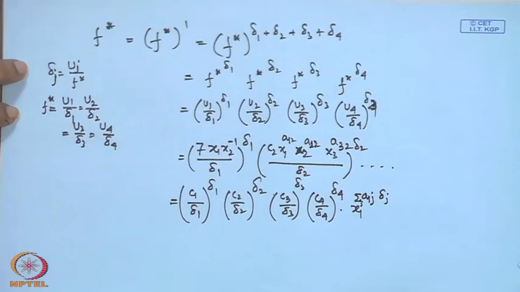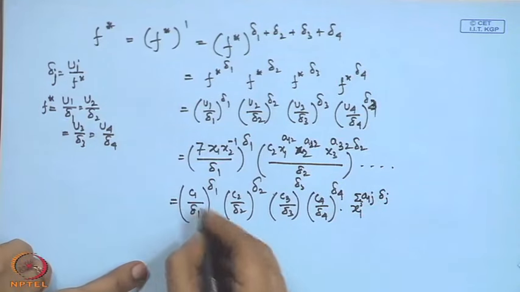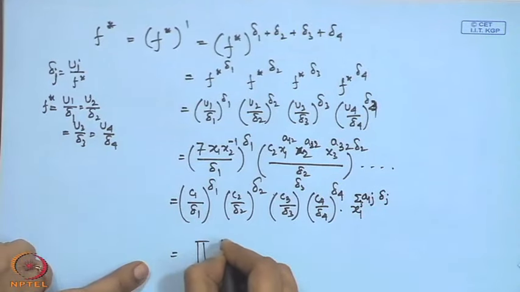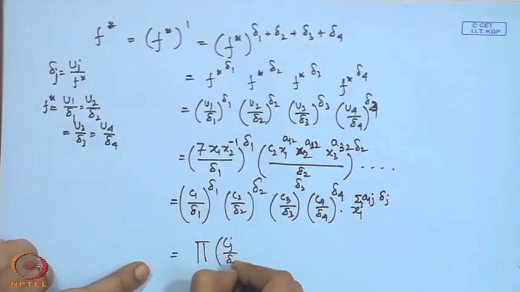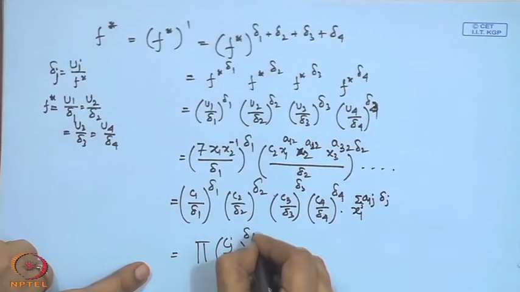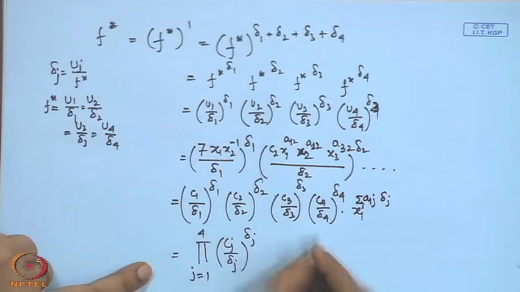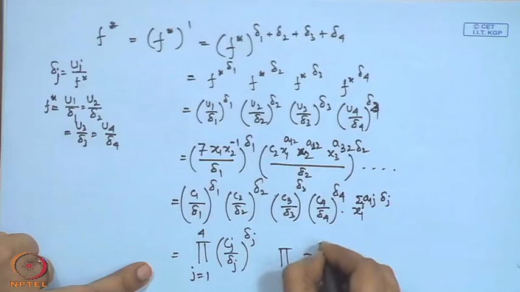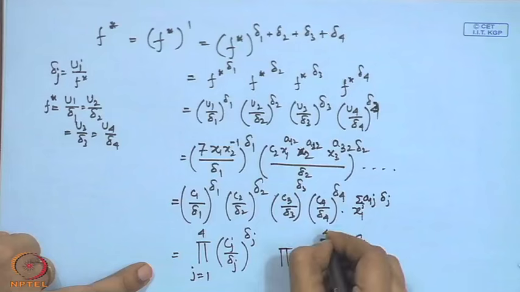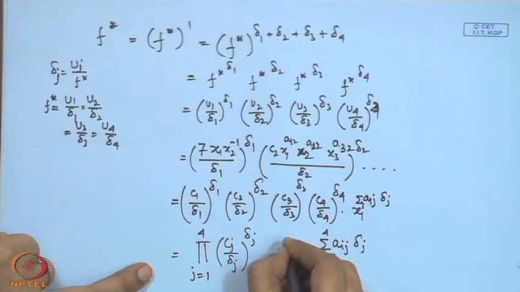Similarly for x2, similarly for x3. Thus, let me write down in more general form as Cj by delta j to the power delta j, where j is equal to 1 to 4, and from here we are getting for individual xi's summation aij delta j, j is equal to 1 to 4, i is equal to 1 to 3.